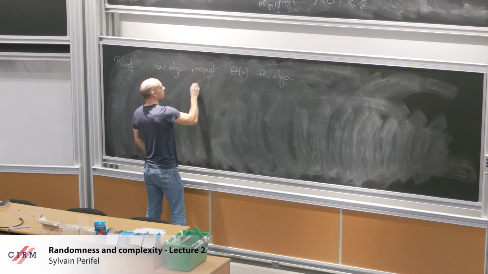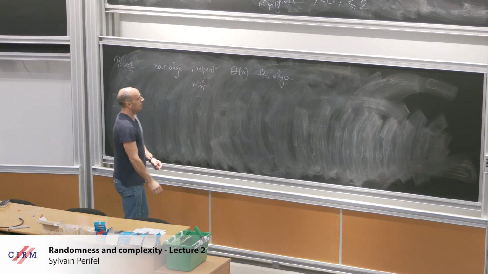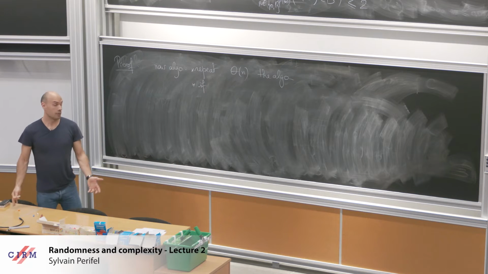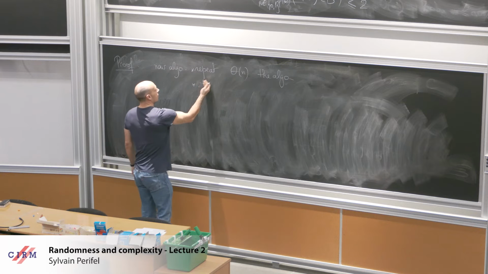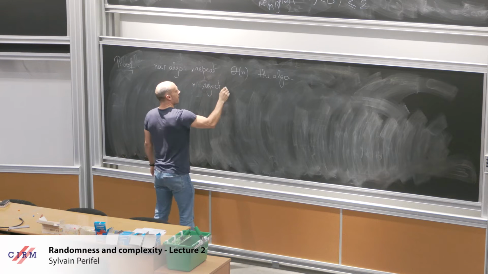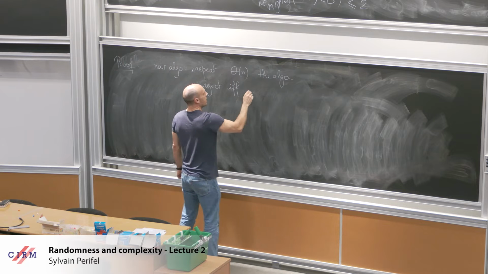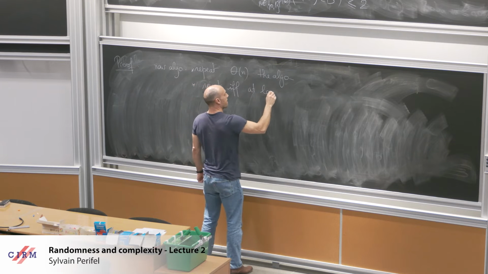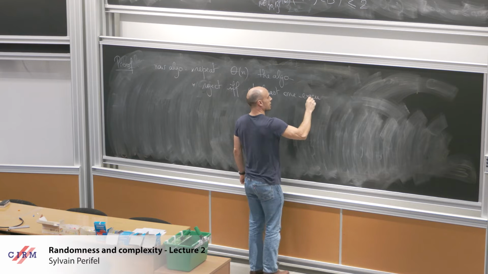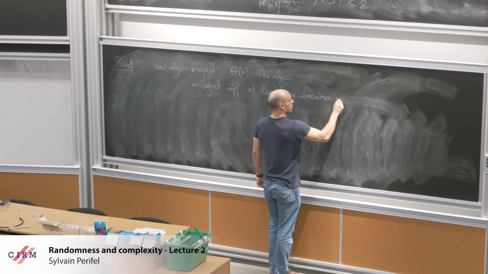If the algorithm always accepts, then you accept. Otherwise, you reject if and only if at least one execution rejected.